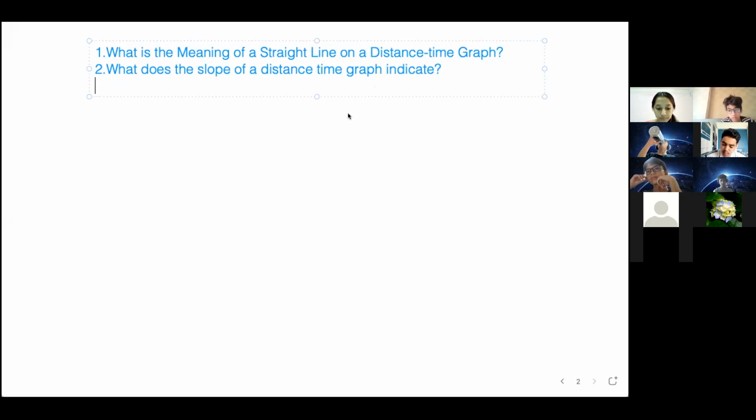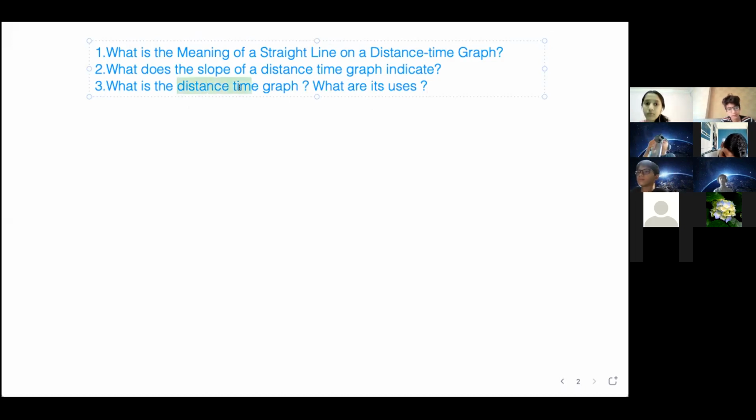Okay. So where is the rest speed? Ma'am, that means it will go down straight to 0, ma'am. Ma'am, I am saying, what does the slope of a distance time graph indicate? So it indicates that it is going back to 0.